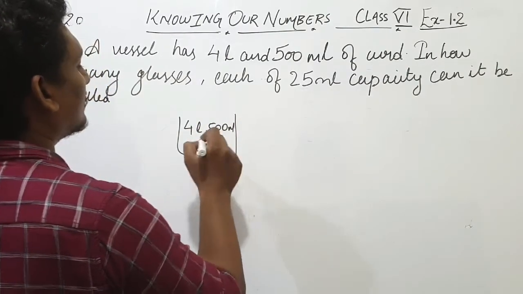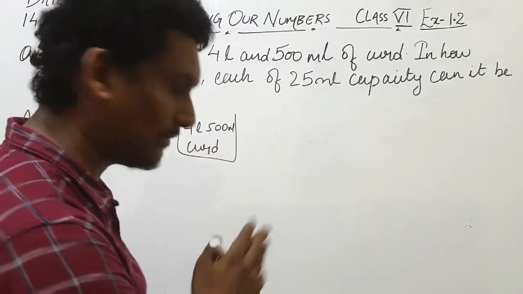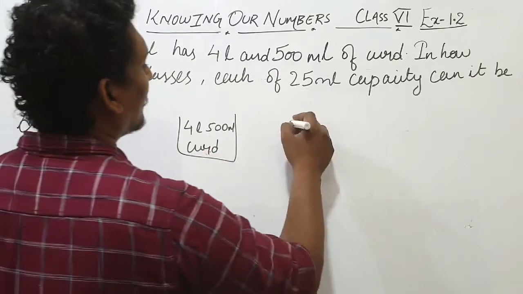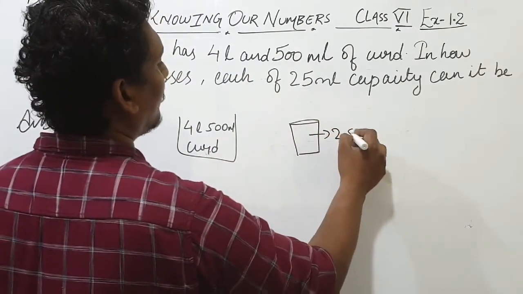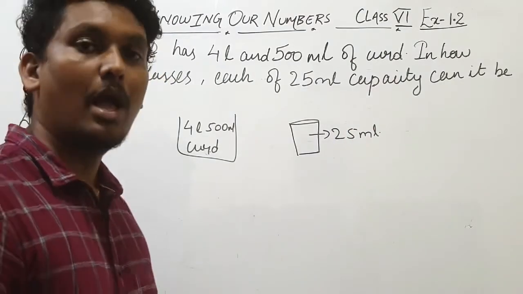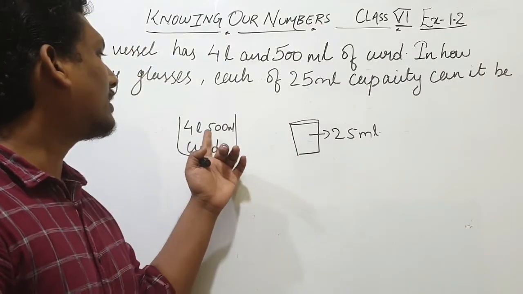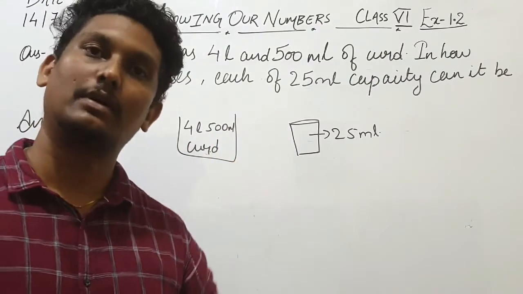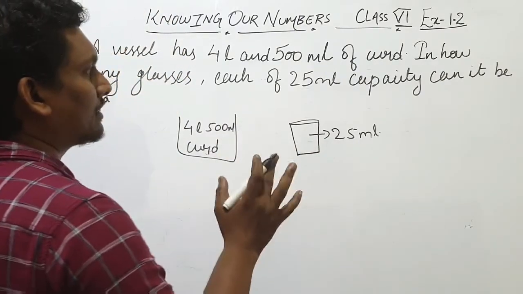This is the curd, not the real curd. Then there is a glass of 25 milliliter capacity. Just we have to find out how many glasses are needed to fill 4 liter 500 milliliter of curd. Hope it is clear.